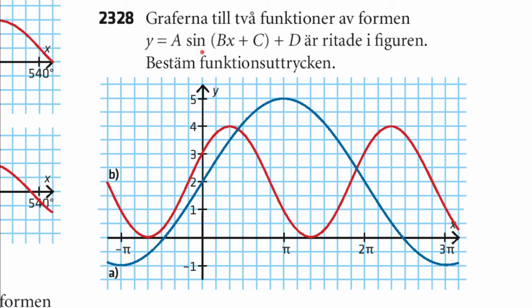They could have asked cosine. They are asking, no, this is sine. Okay. So they are drawn, and then you want to determine A, B, C, and D in each case. Yes? So let us work with the red one first. Okay? So forget about the blue one. Look at the red one.